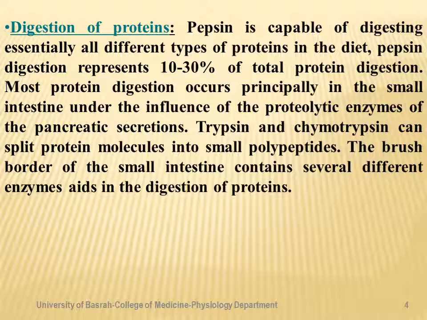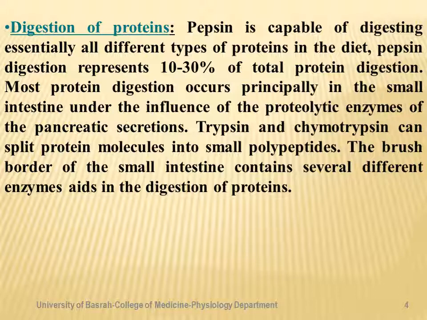Most protein digestion occurs principally in the small intestine under the influence of the proteolytic enzymes released from the pancreas, التريبسين and chymotrypsin and other types of pancreatic أو proteolytic enzymes اللي طرقنا لها بمحاضرة البنكرياس.